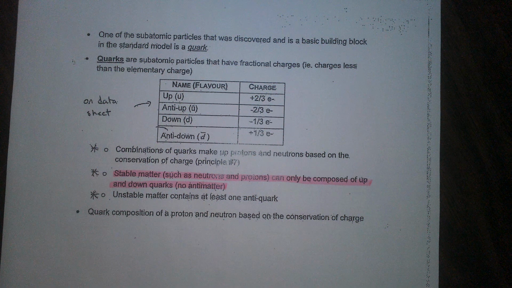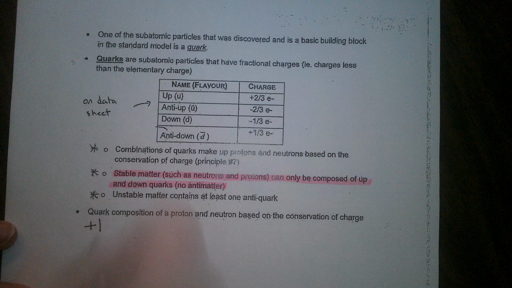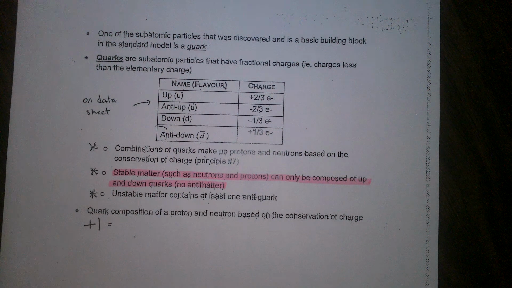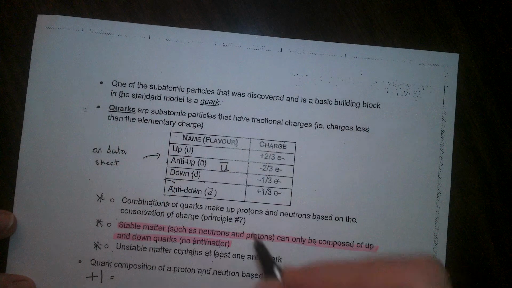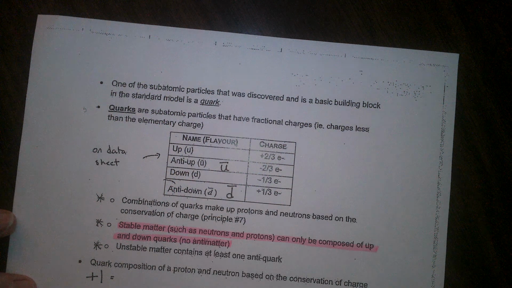So if I was to look at the quark composition of a proton, it has what charge? Positive. So I have positive 1. And it says that protons need to be made up of no antimatter, so it can't have any anti-up or anti-down quarks. An anti-up is a U with a line over it, and an anti-down is a D with a line over it.